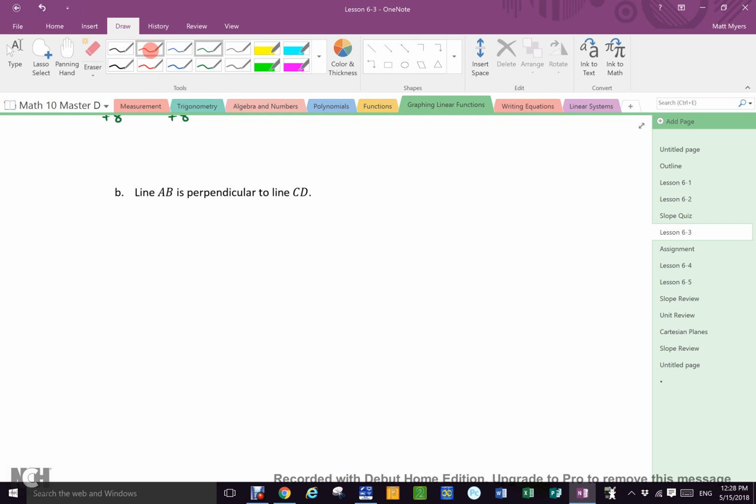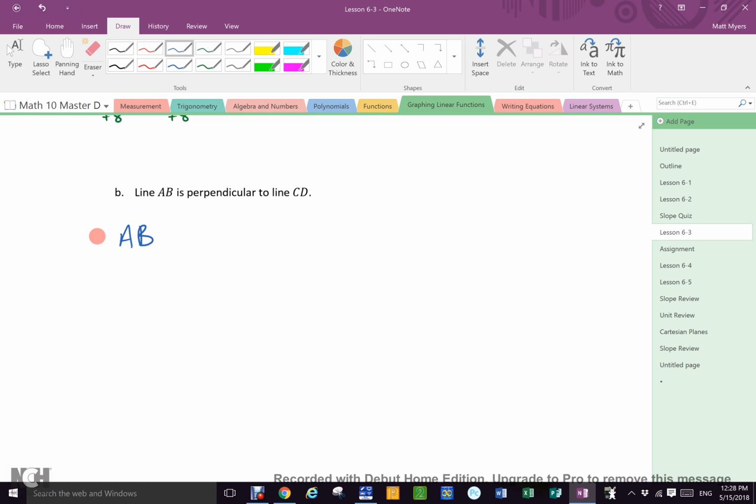Yuck. Well, if it's perpendicular, we know that AB, what will happen to the slope of AB? It'll flip. So it won't be 5/4. What will it be? The m of AB would just be 4/5? Negative 4/5.